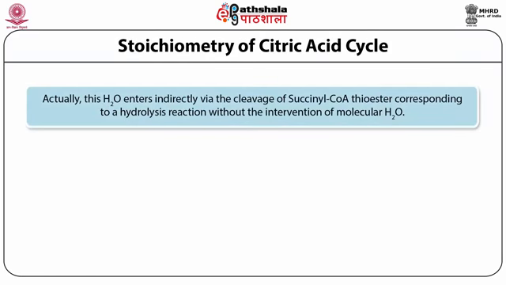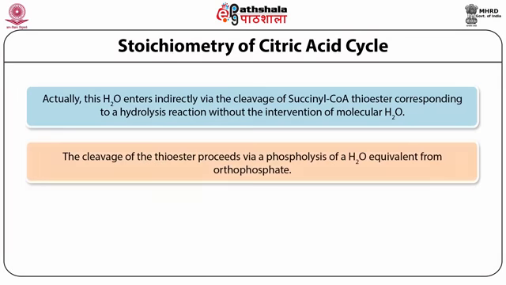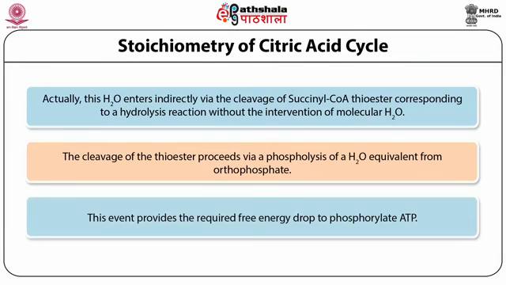Actually, this water enters indirectly via the cleavage of the succinyl coenzyme A thioester, corresponding to a hydrolysis reaction without the intervention of molecular water. The cleavage of the thioester proceeds via phosphorolysis, with a hydrogen equivalent from orthophosphate. This event provides the required free energy drop to phosphorylate ADP to ATP.